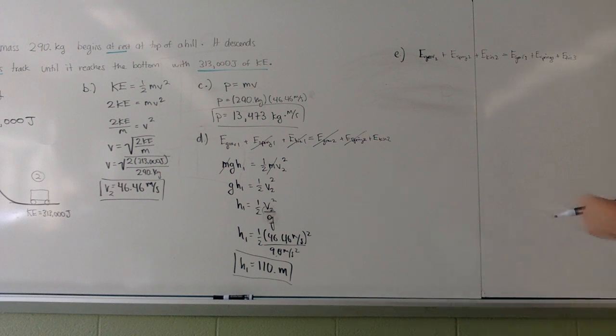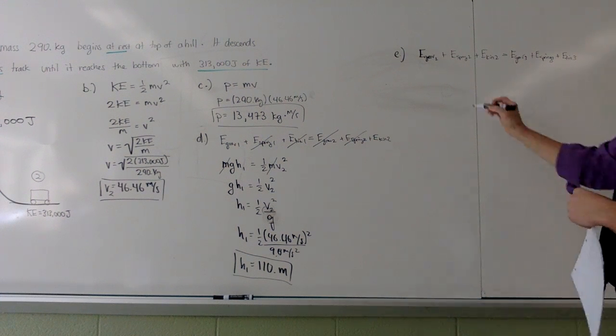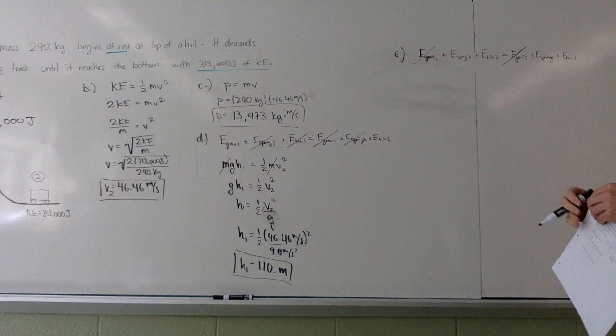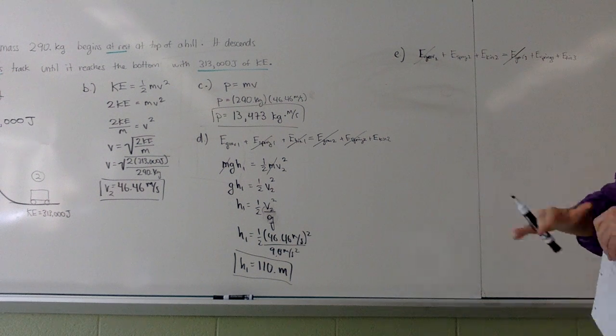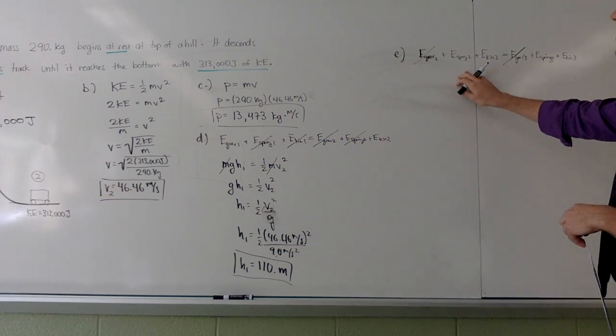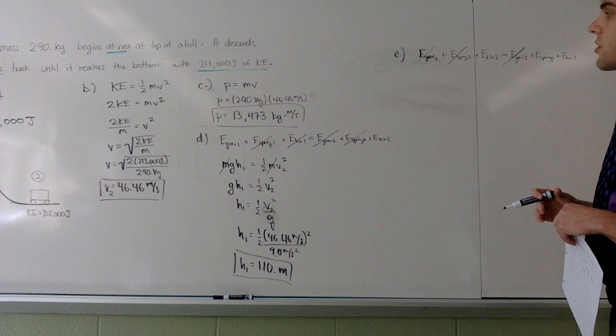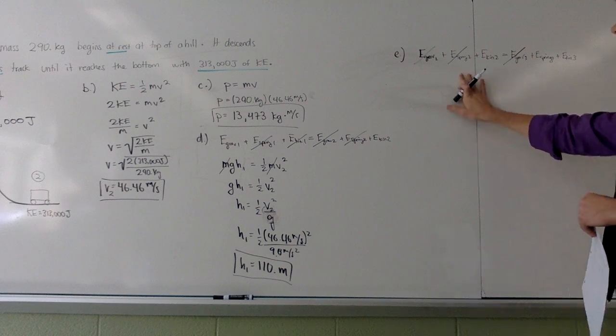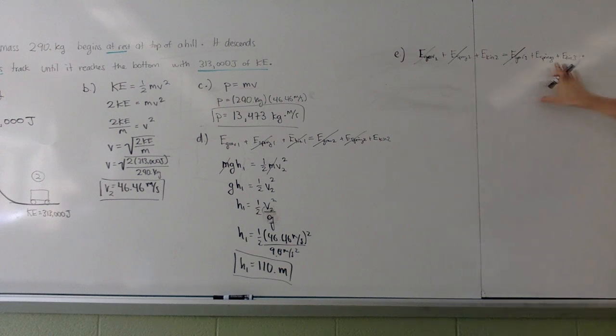I know that the gravitational potential energy for both is 0 because I'm at the bottom of the ramp, so I'm not going any lower. I also know that initially there's no compression of the spring. So at time 2 there is no spring pressing. And at the end I know that I'm stopping. So my kinetic energy is 0 as well.